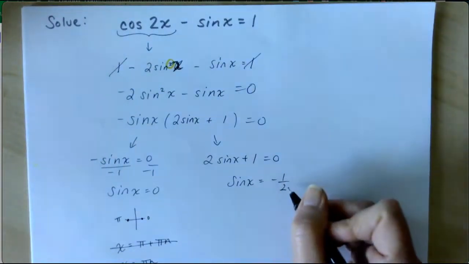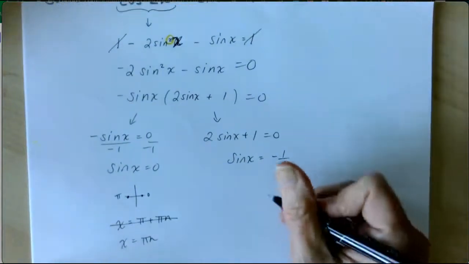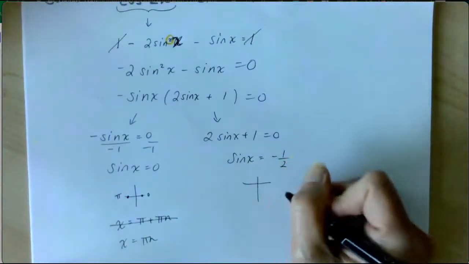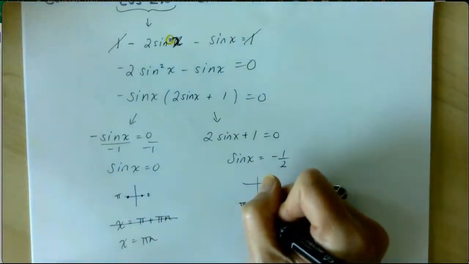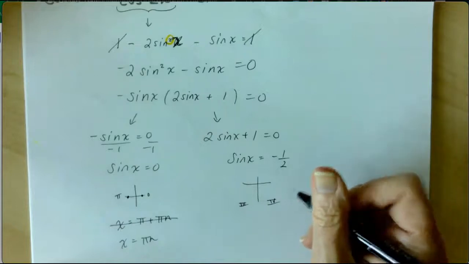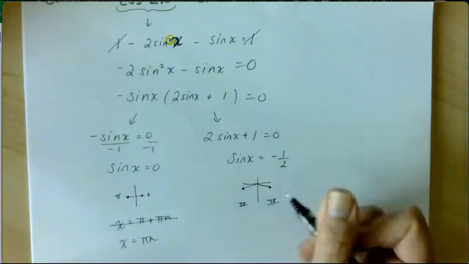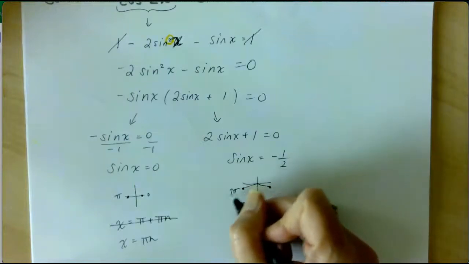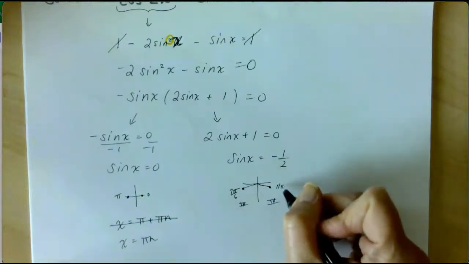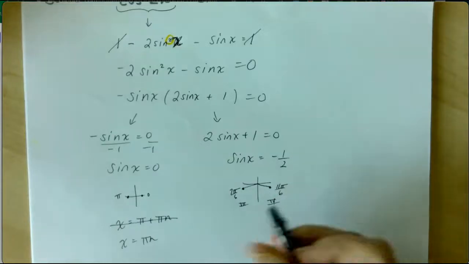On the other side, where does the sine equal negative half? First of all, where's the sine negative? The sine is negative only in quadrants 3 and 4, everything below the x-axis. The sine is negative half here and there. So that is going to be 7 pi over 6 and 11 pi over 6. Please be reminded that they are not on opposite ends of the same pole, so we do need two general solutions here.